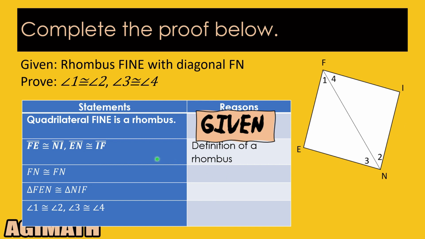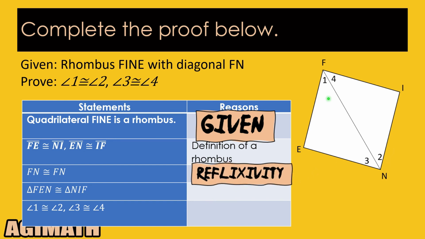Because we are dividing our rhombus into triangles. This one is the first triangle, the second triangle is this. So if you are going to look at the next part, we have FN is congruent to FN, this segment. Because this segment is common to the two triangles, and it's very easy to prove because we can apply reflexive property or the reflexivity. This segment is equal to itself.